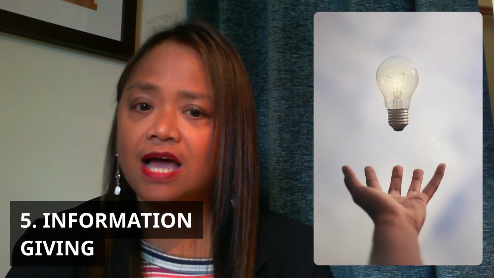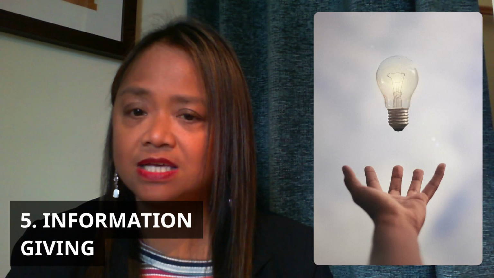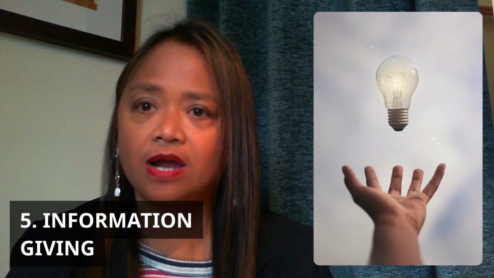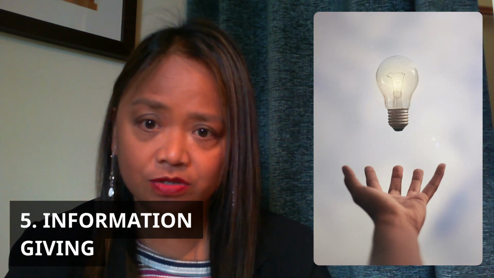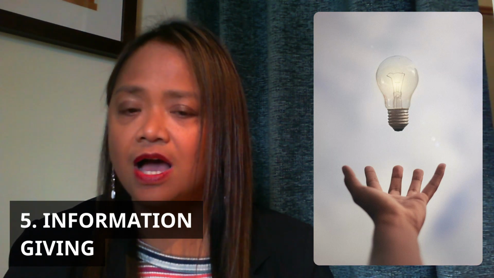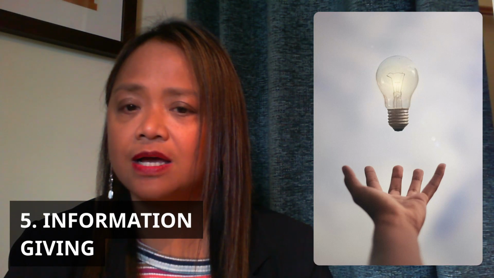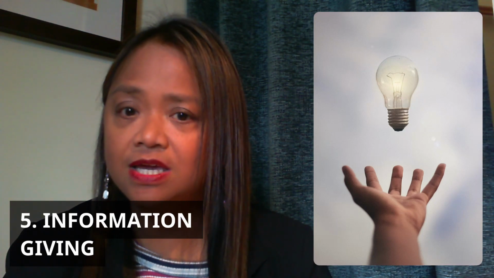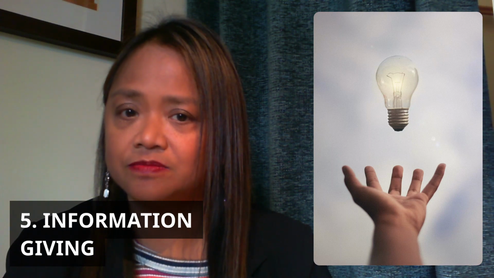The very last skill that you will be assessed on is information giving. Basically, in information giving, the patient requires some clarification or perhaps some explanation, and you will be asked to give that information properly and correctly.